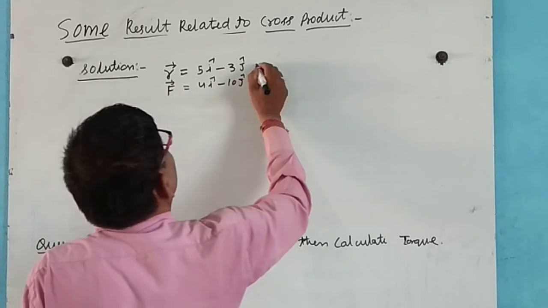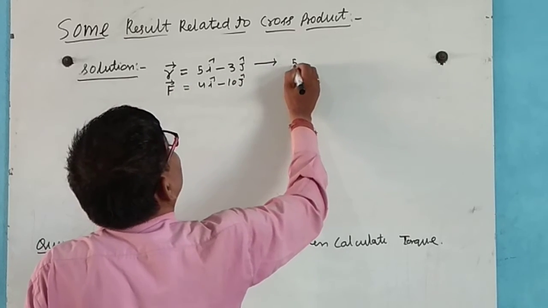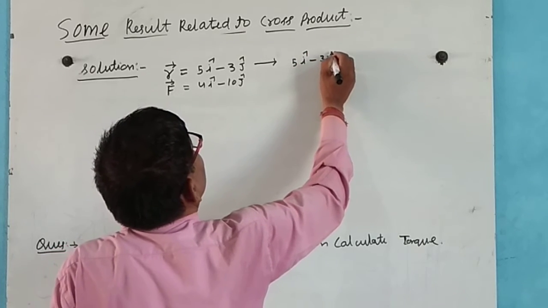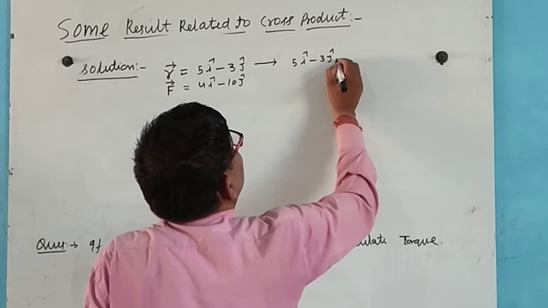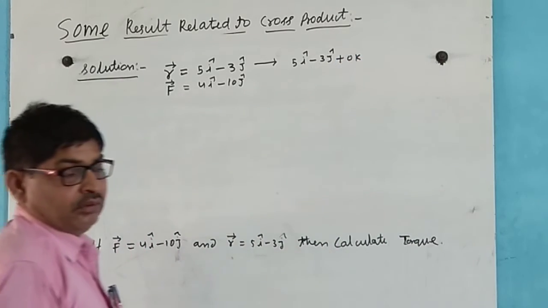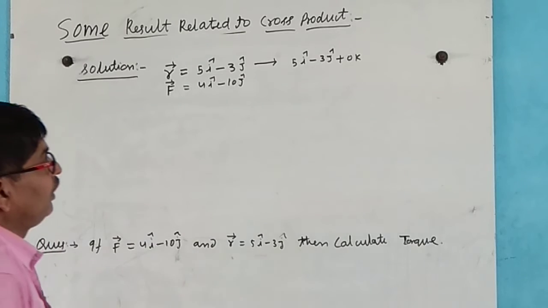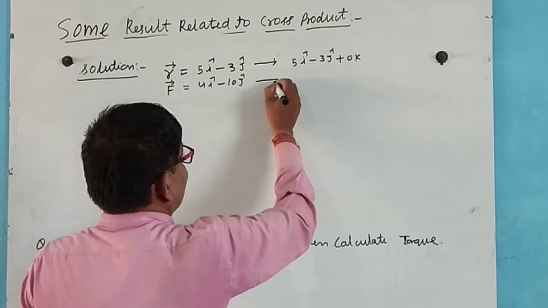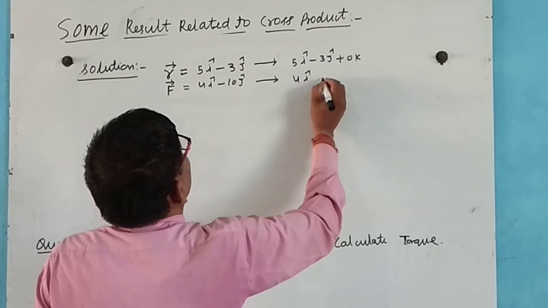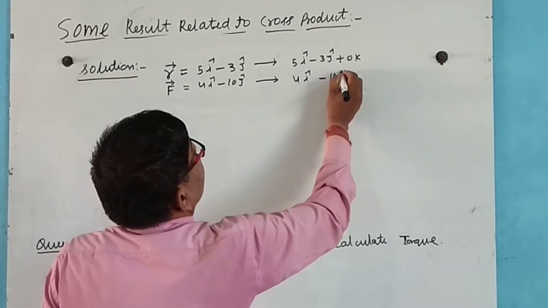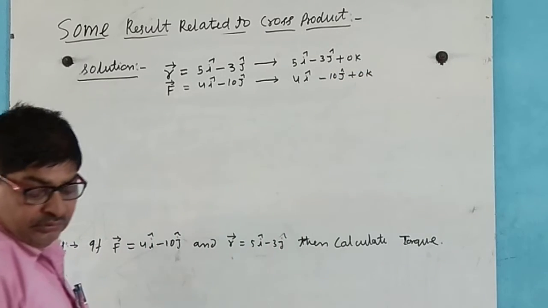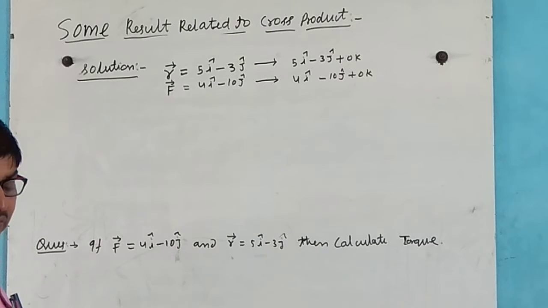This can be written as r equal to 5i minus 3j plus 0 into k, and f can also be written as 4i minus 10j plus 0k.